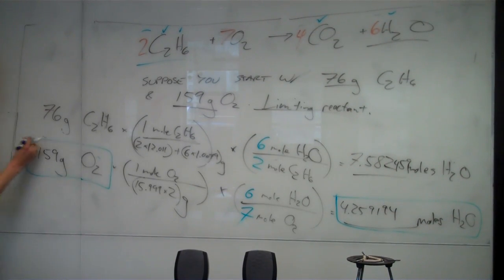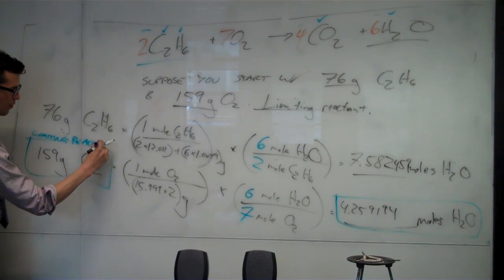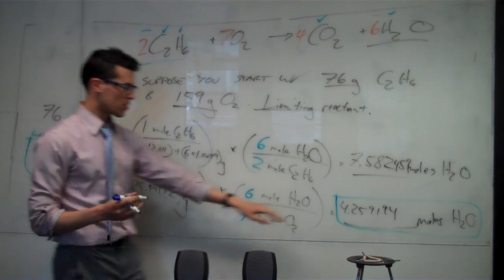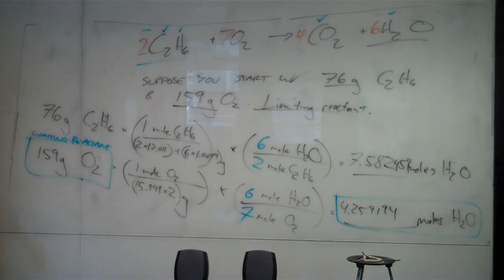This is the reactant that limits the reaction. If you just circle that, it doesn't say anything about the reactant, and that doesn't tell me that you understand what's going on here. The limiting reactant is this guy over here, 159 grams of O2. Right? So that's that problem.